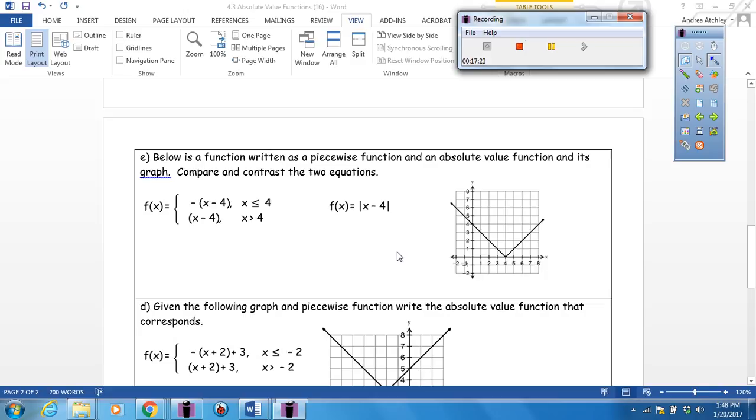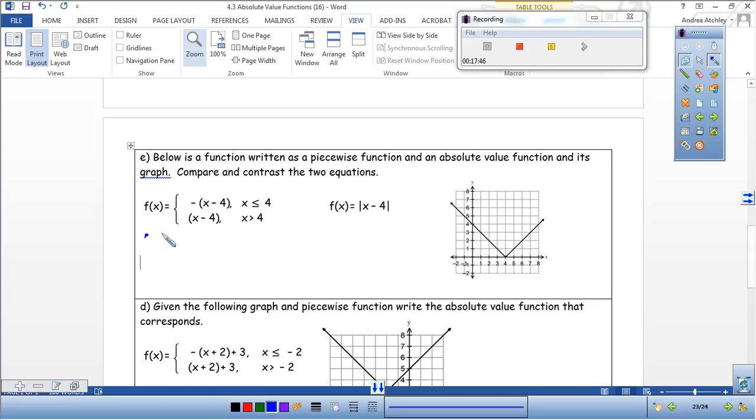Okay? It just includes both of these equations in one equation instead of having two. So the absolute value has one equation, and the piecewise would have two.